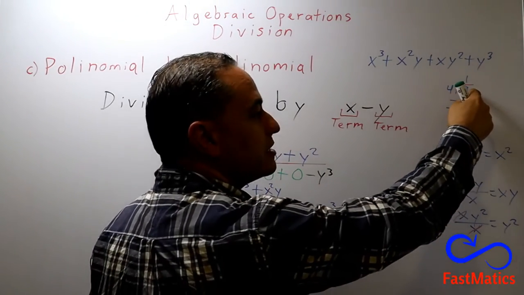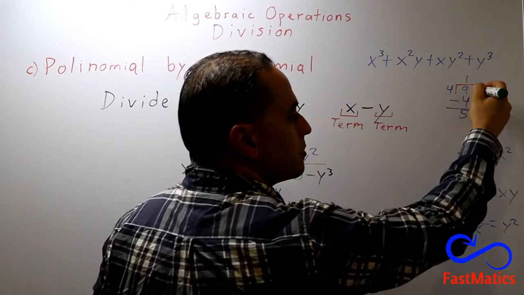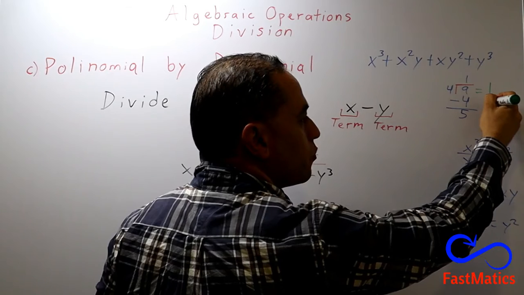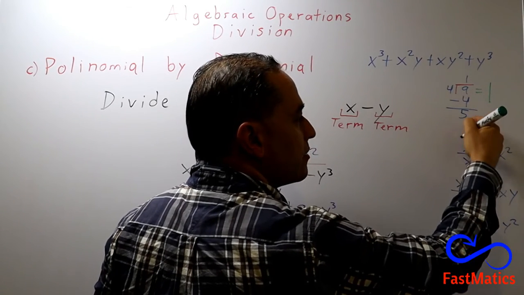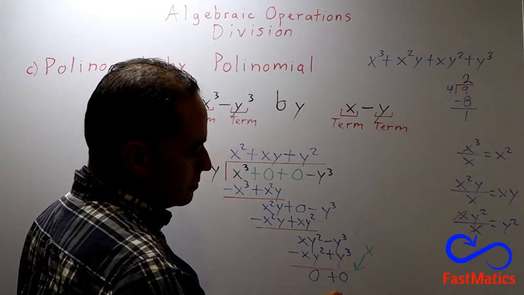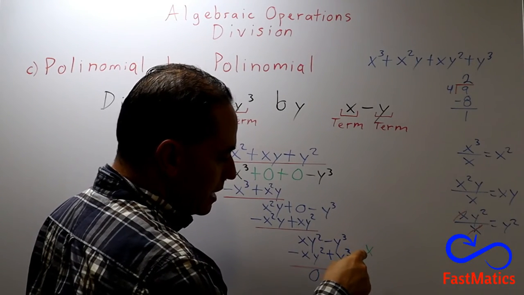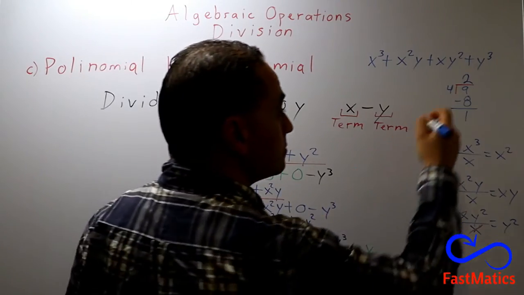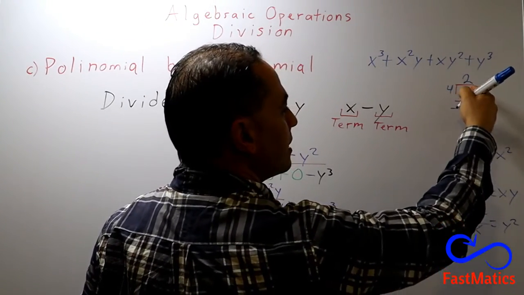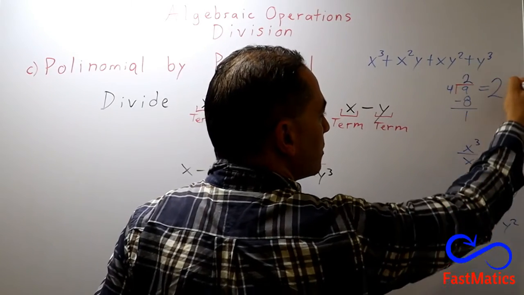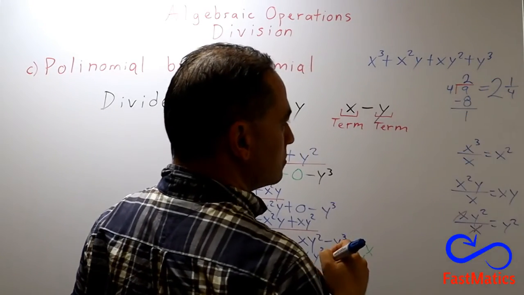Here, when you divide 9 by 4, you write 2 whole numbers and 1 over 4.